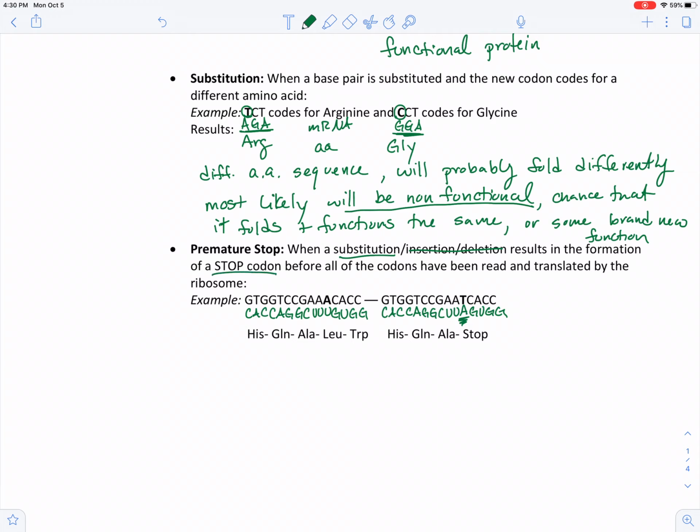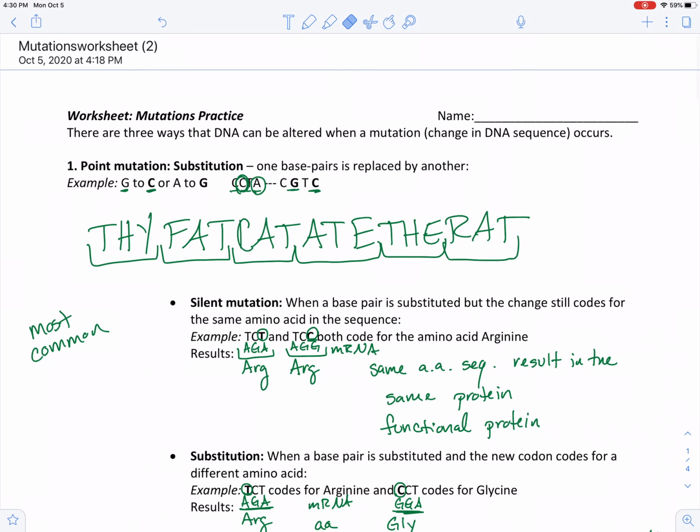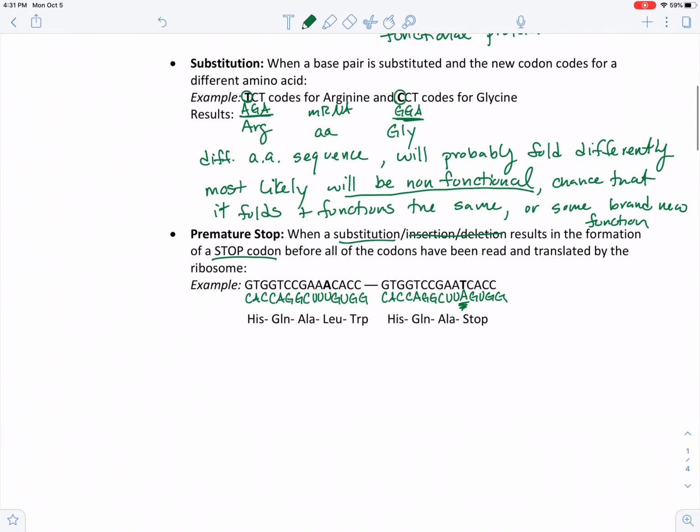And then if you hit a stop codon, basically what your instruction is to stop reading the rest of the codons. So it's basically like adding in a period. So let's say I get a mutation right here and instead it's replaced by a period. Now it says thy fat ka, and the sentence is over. You don't read anymore because you've told everybody to stop reading. So that's what happens with a premature stop.